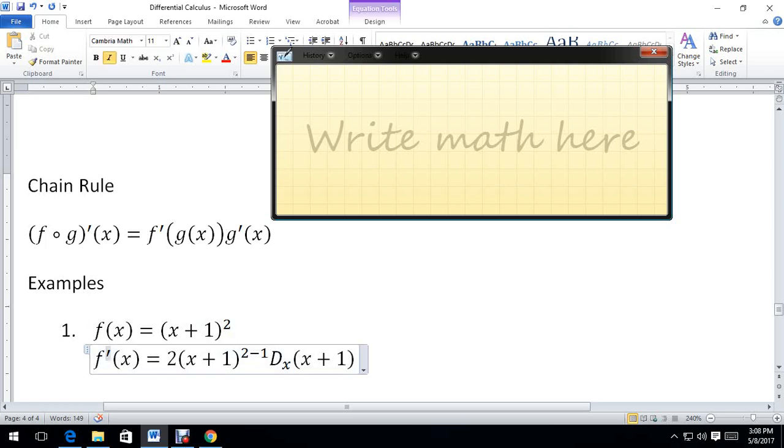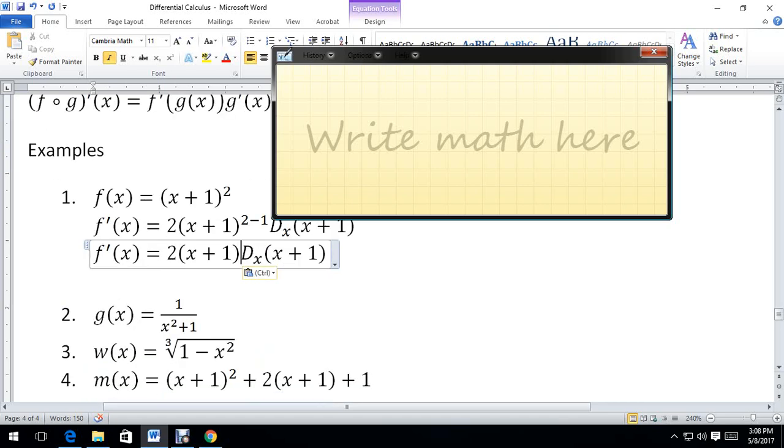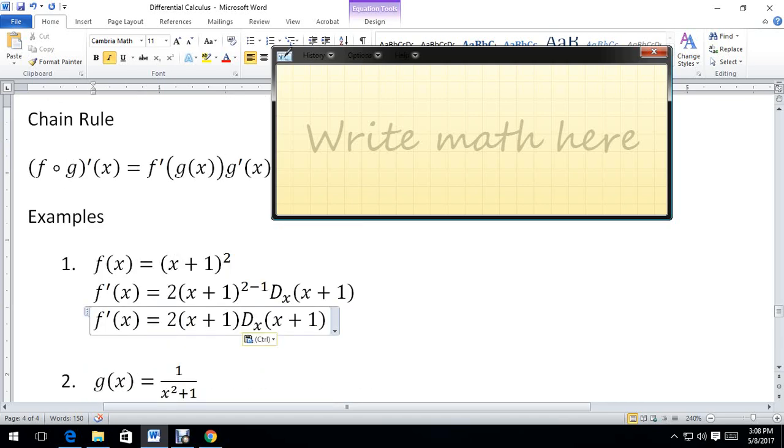Okay, so what happens here is that 2 minus 1 becomes 1, and since this is raised to 1, we could drop the exponent, so we need only to write x plus 1. The next part would be getting the derivative of x plus 1. The derivative of x would be 1. The derivative of 1 would be 0. So this entire expression is equal to 1.